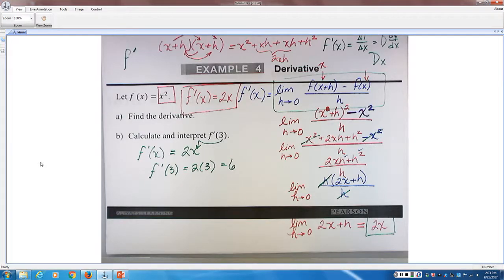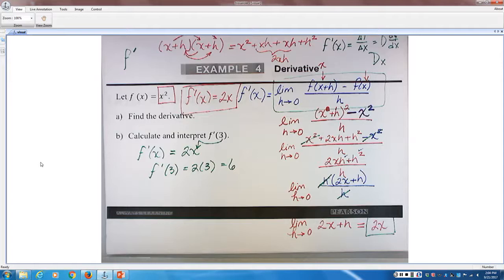This is called the 4-step process. And the reason it's called the 4-step process, and I'm going to make it a little more obvious in the next one, is the first thing you do is you substitute x plus h into the function. Then the second thing you do is you simplify that and subtract the original function from it.